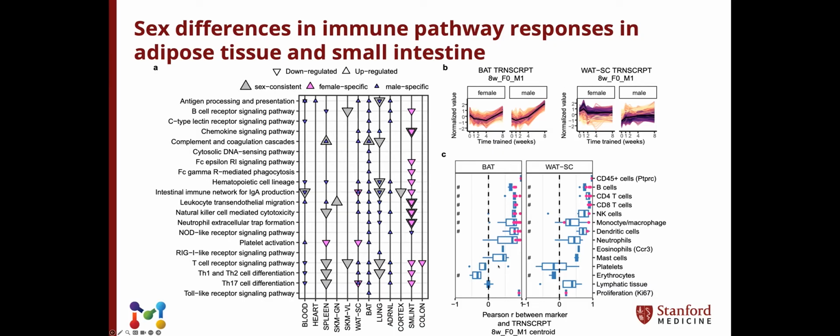And what we see is a very male-specific increase in immune infiltration in both brown adipose and white adipose. So there seems to be a sex-specific shift in the immune cell types, which would be interesting to look further into.